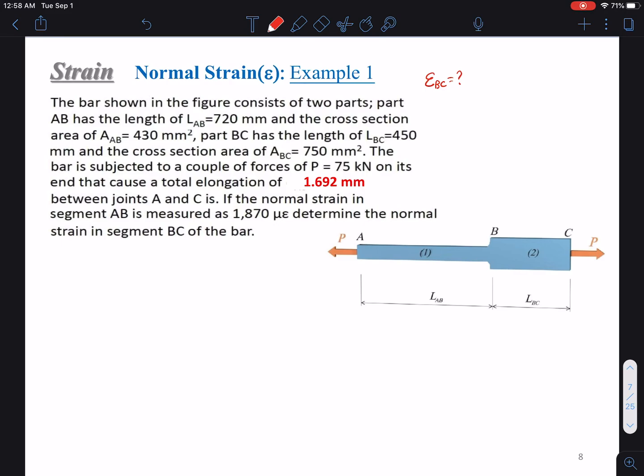According to our definition of normal strain, epsilon BC can be calculated from delta BC, the elongation of BC, over the original length of BC, LBC. Do we know LBC? LBC has been provided here. Do we know delta BC? No, we don't know delta BC, so we need to calculate delta BC.